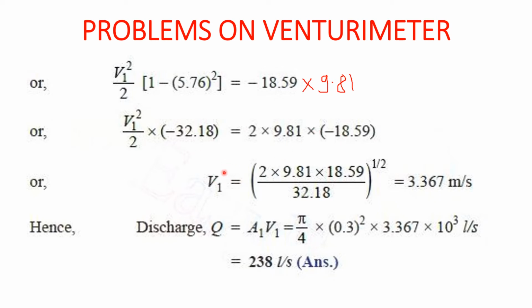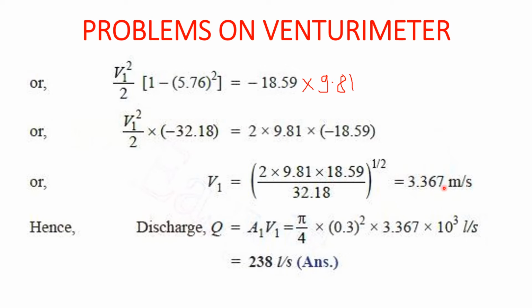So therefore here we will get v1 equal to 2 into 9.81 into 18.59 divided by 32.18, which is taken here, that is in the next part, and therefore we will get raised to 1/2 because v1 square is there. So the value of v1, we get this as 3.367 meters per second.